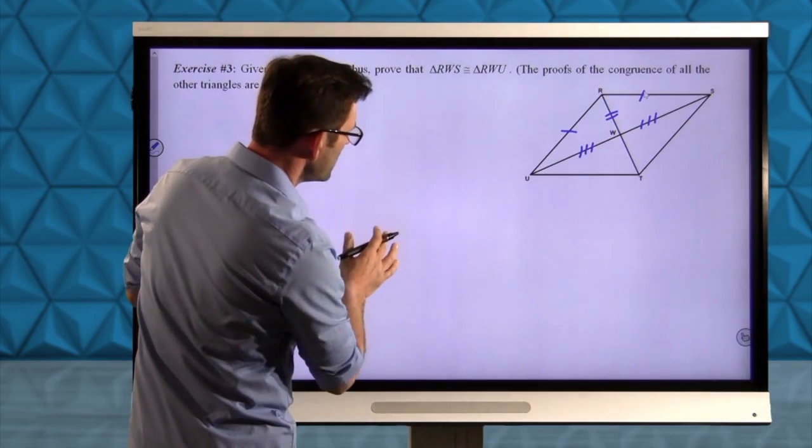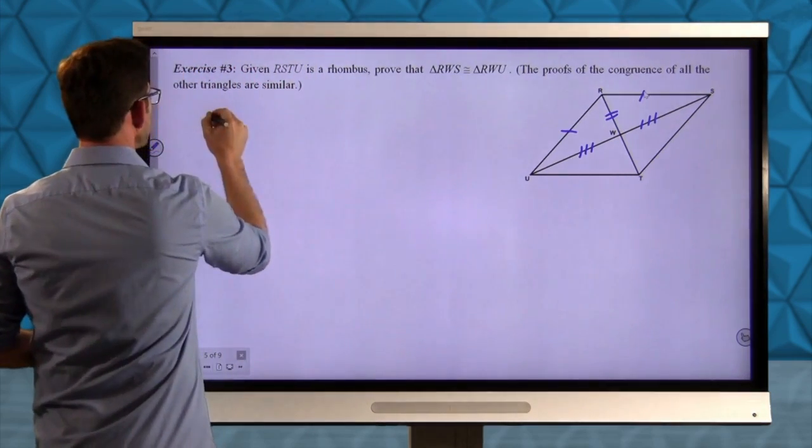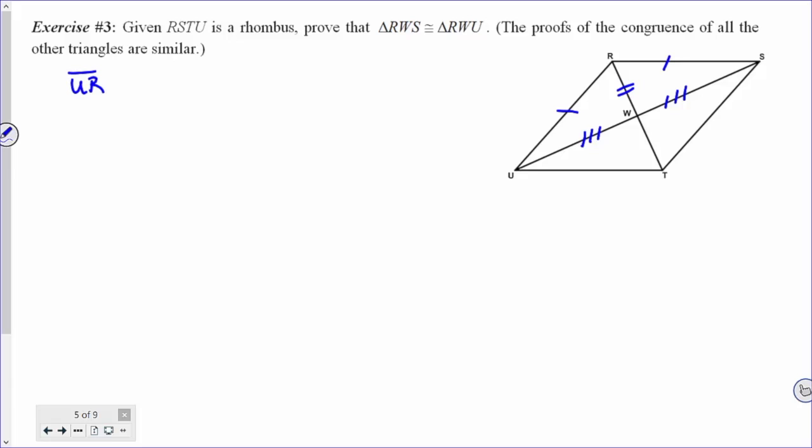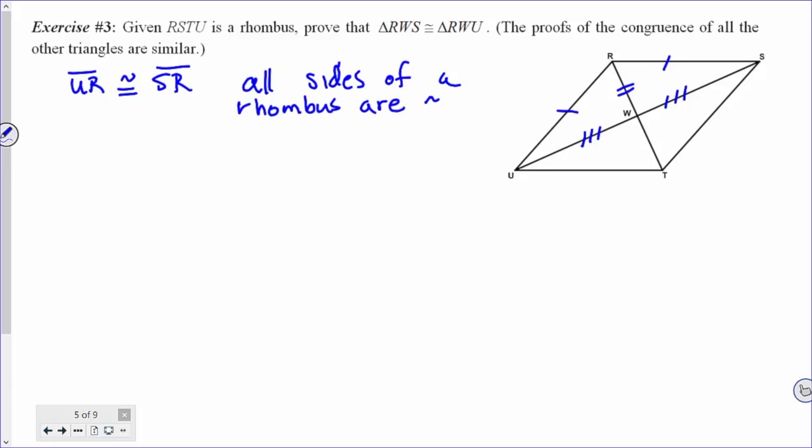Again, I'm going to do a sort of mishmash paragraph proof / T-table proof. I'm going to say UR is congruent to SR because all sides of a rhombus are congruent. All right, I can say that RW, get that one down right away, is congruent to itself, RW, and that's just the reflexive property.